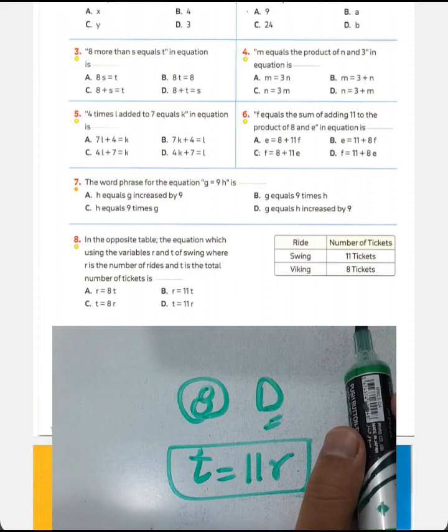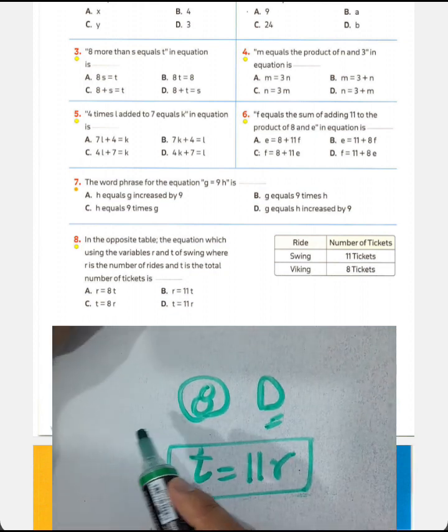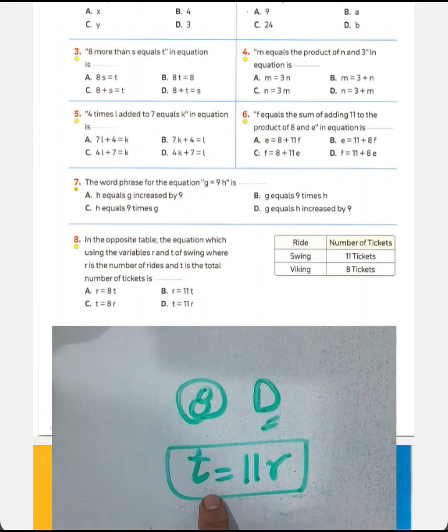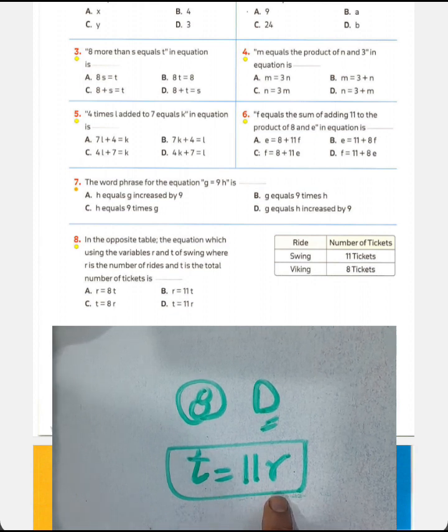Okay, in the opposite table, the equation uses the variables R and T. Here R we called the number of rides. R is a variable here, the number of rides, and T is the total. Write the total here outside and R behind 11. 11 is the coefficient of R. Okay, we can change it.